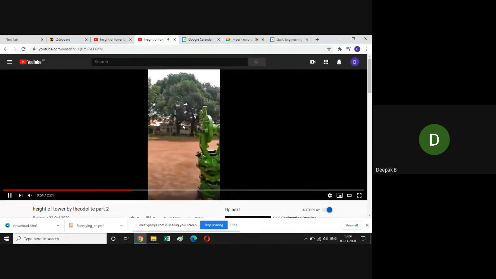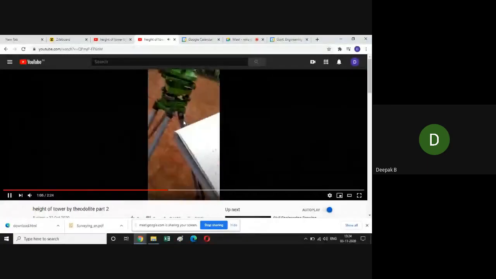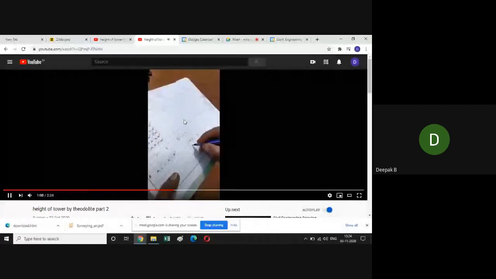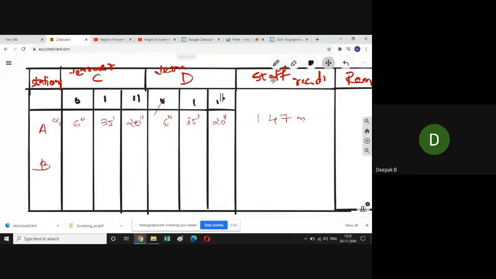And the height will be, okay, the measurement is 1.755 meter.